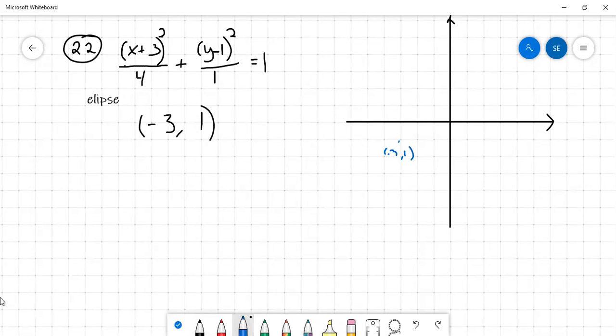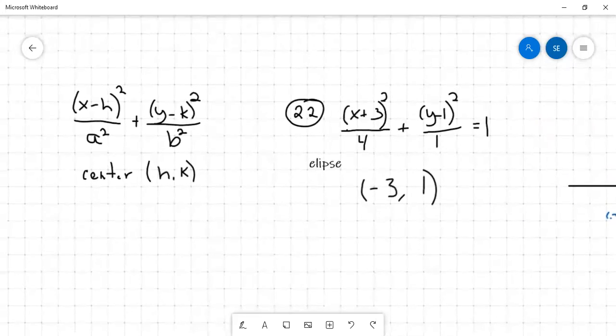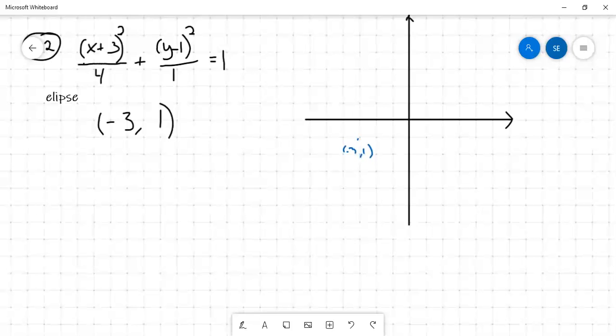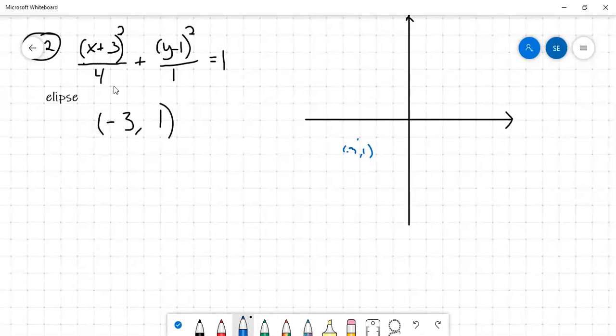Okay, and this part of our formula, this value under our x for our ellipses tells us how much we're going to move in our x direction, but it's the square. So we want to rewrite this 4 as 2 squared.